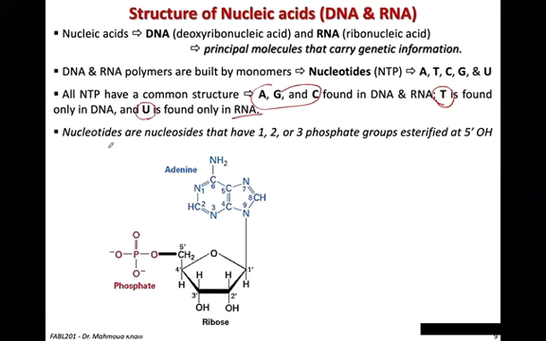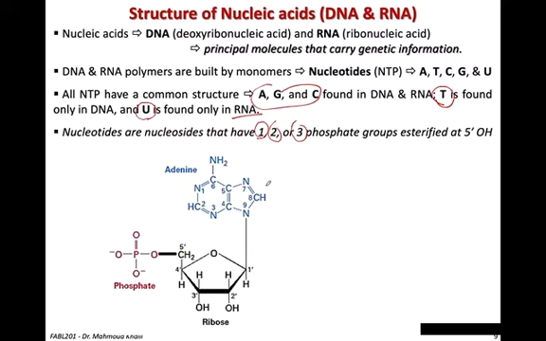Usually the nucleotide, which is the building block of either DNA or RNA, may have 1, 2, or 3 phosphate groups esterified at the 5' OH.